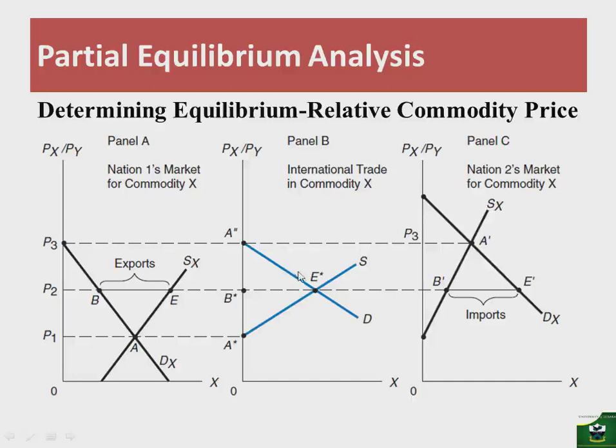However, there will be a surplus even on the international market, because nation 2 will not be willing to buy commodities at a higher price above the international relative commodity price. Therefore, the only price where both the import and export, or demand and supply, will be equal on the international market is at the price P2.